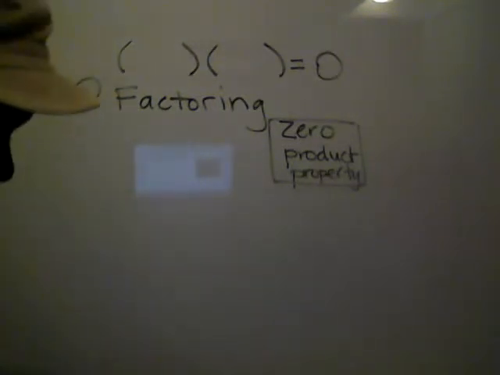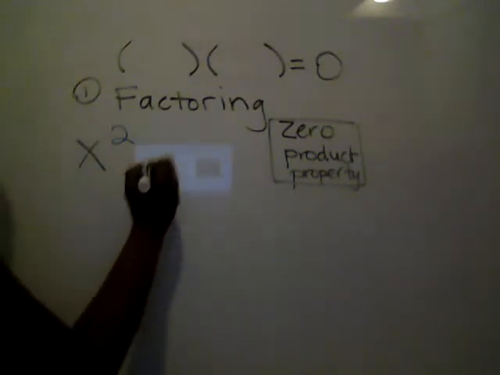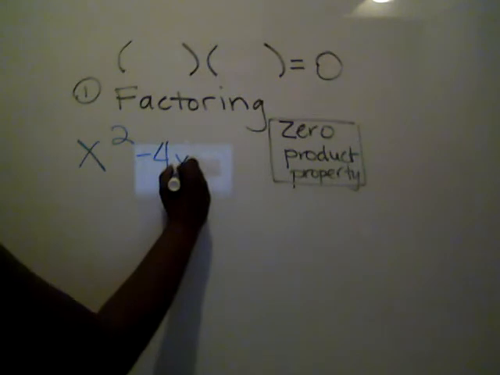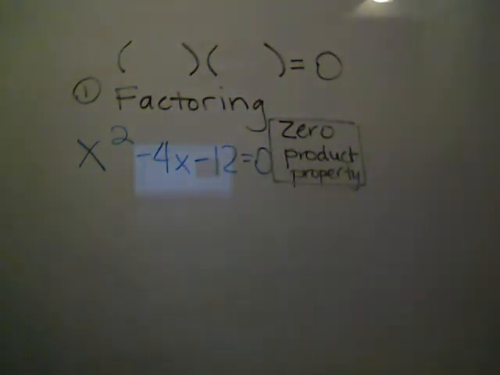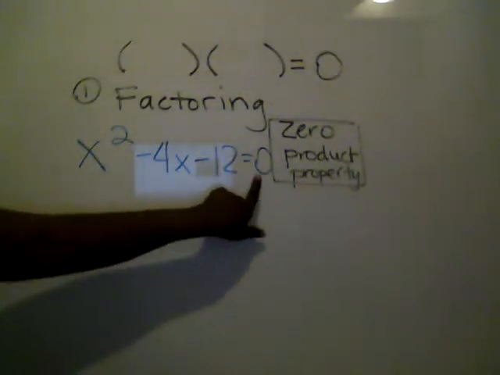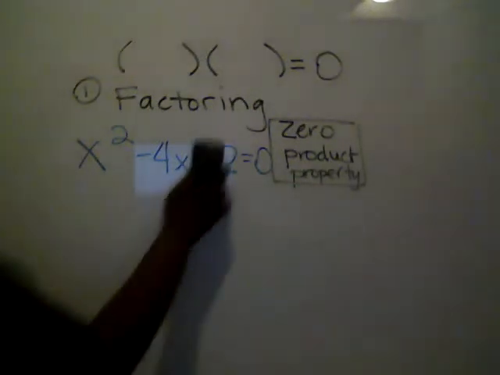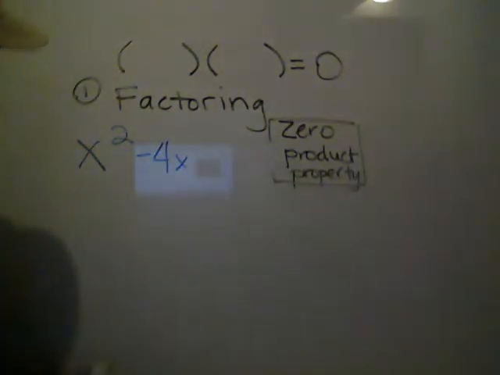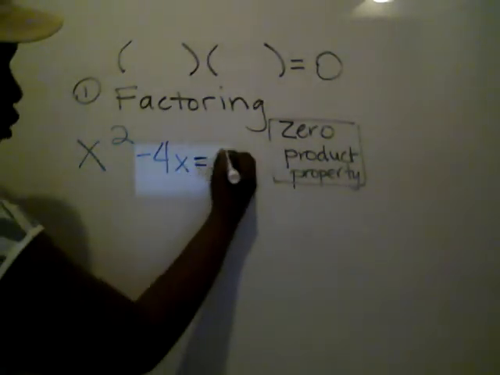So let's say that we have an equation that is x squared minus 4x minus 12 equals 0. One thing to keep in mind when you get these equations, if you're given an equation and it's not equal to 0, we have to make it equal 0. So let's say they gave you x squared minus 4x equals 12.